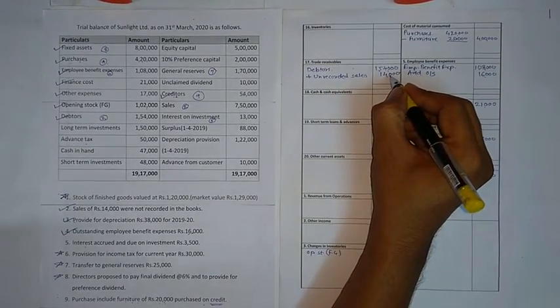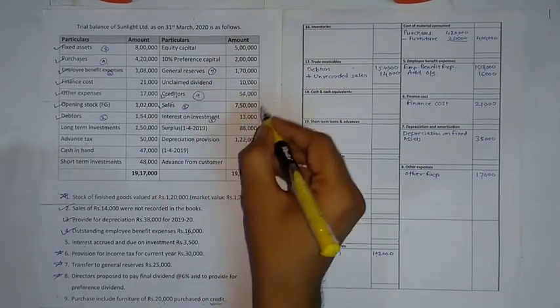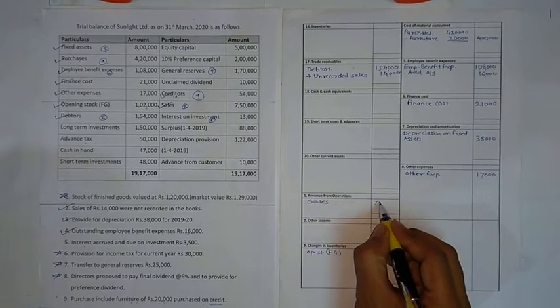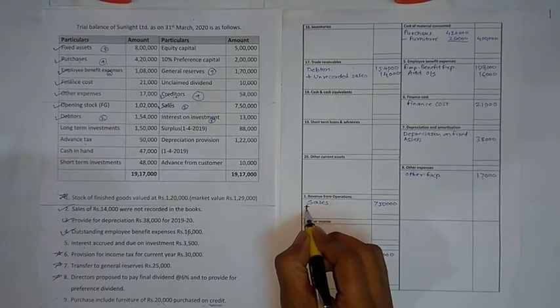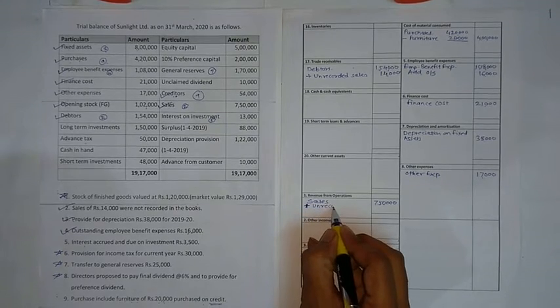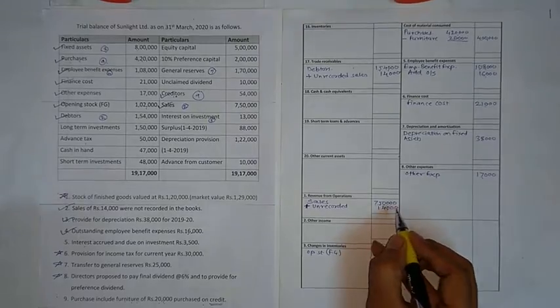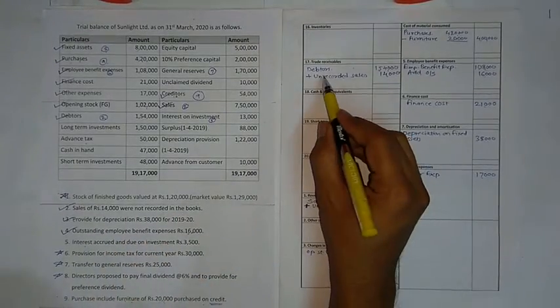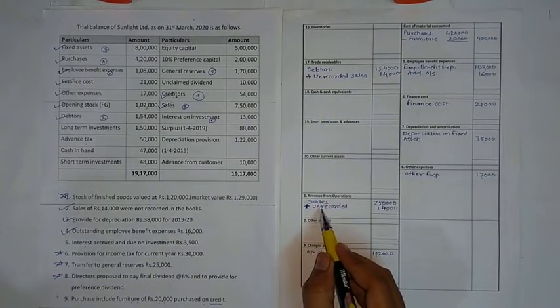And this will also affect our sales amount. So immediately we will also take sales. Sales given are 7,50,000 and add unrecorded amount is 14,000. So effect for unrecorded sales is add to debtors and add to sales.